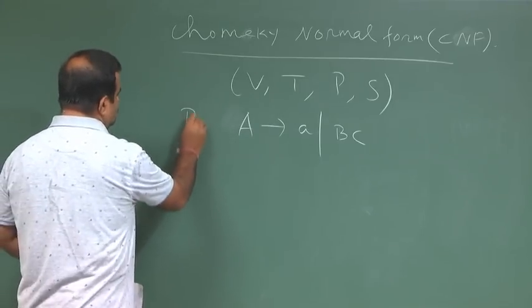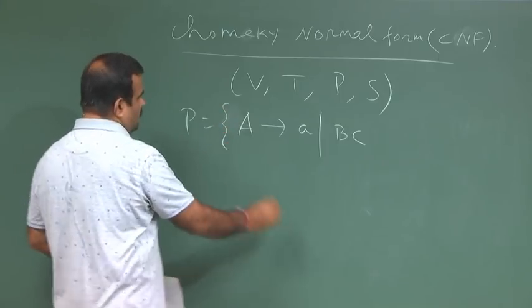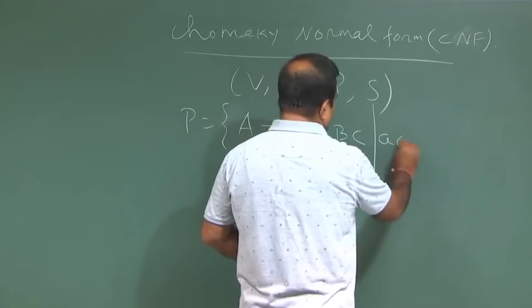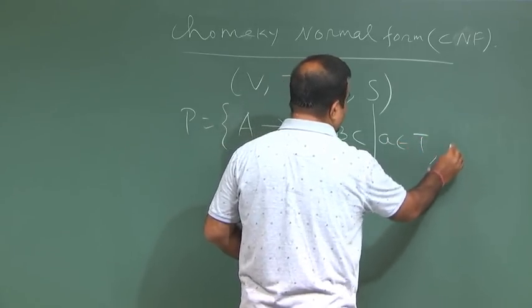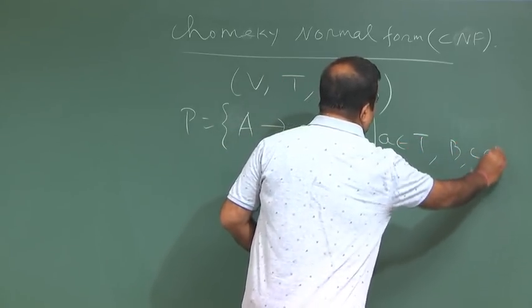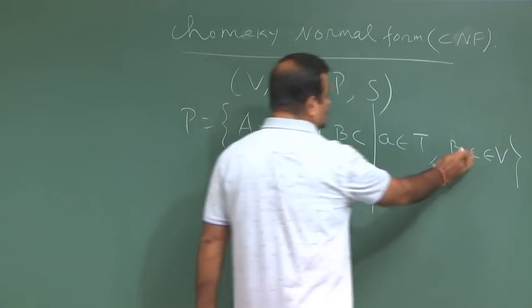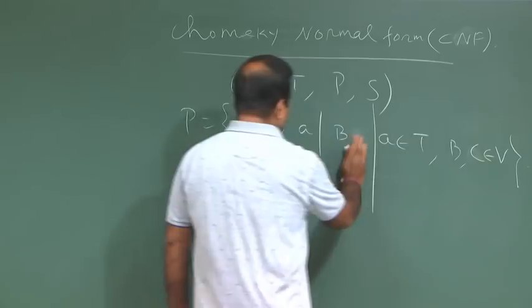So, P consists of this type of productions only, where a belongs to the terminals and B, C are from the variables, capital C.